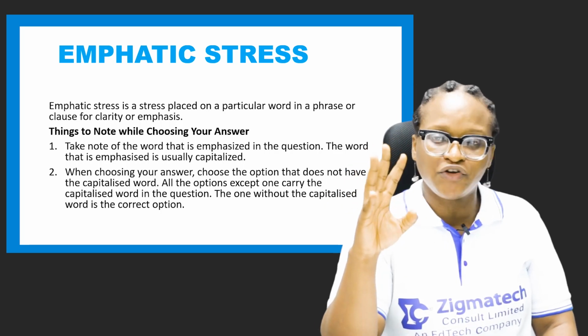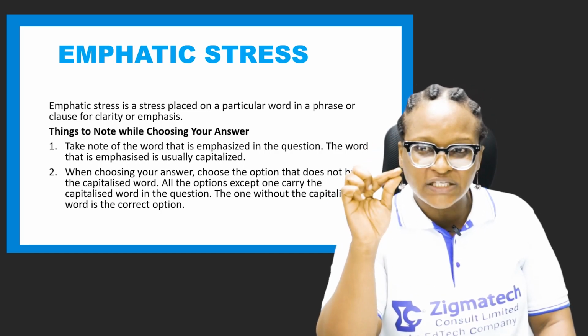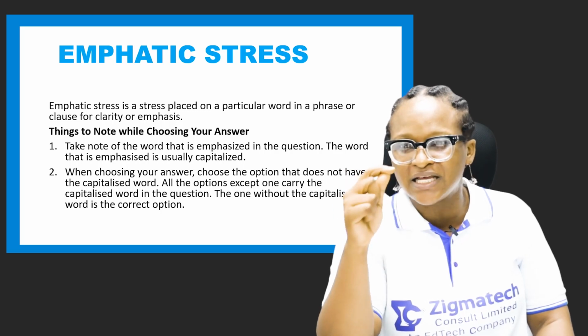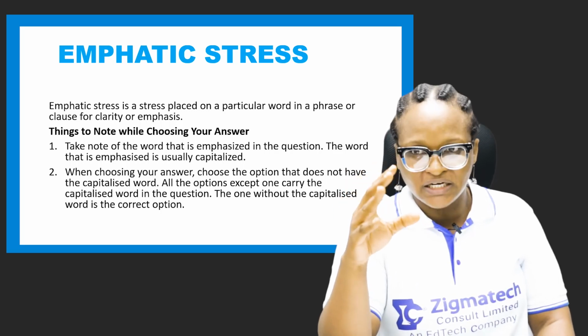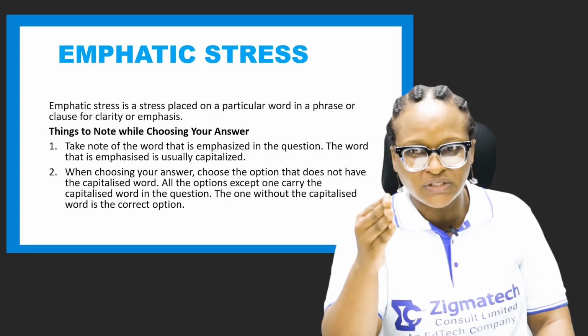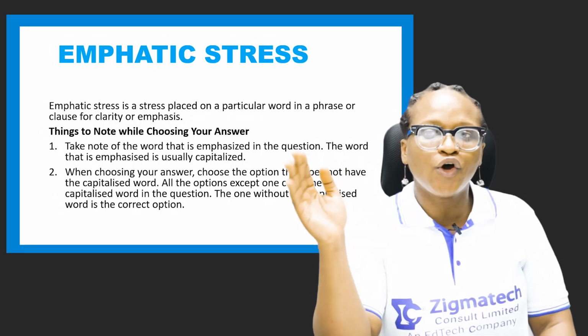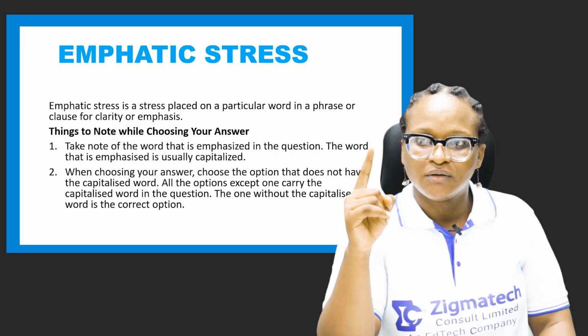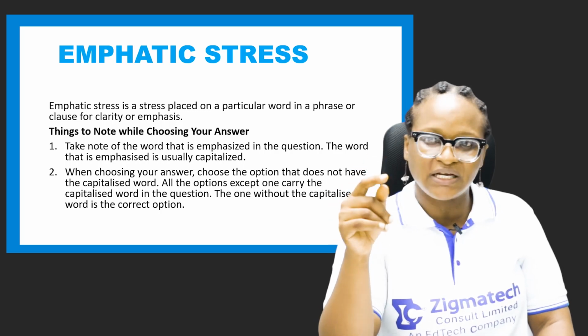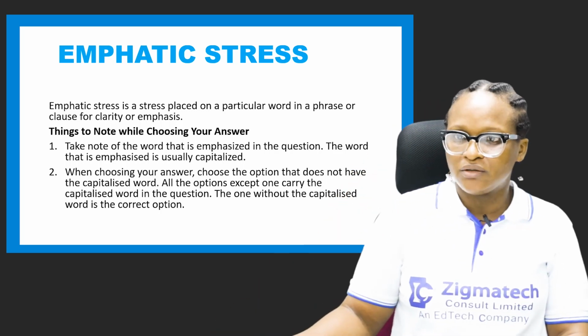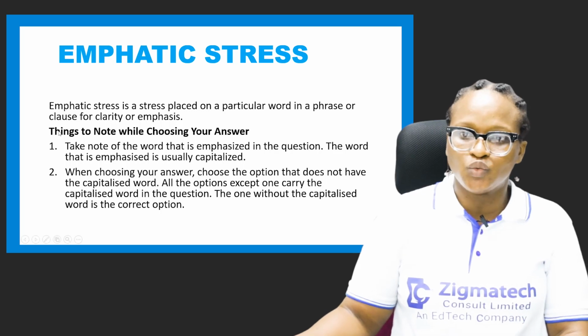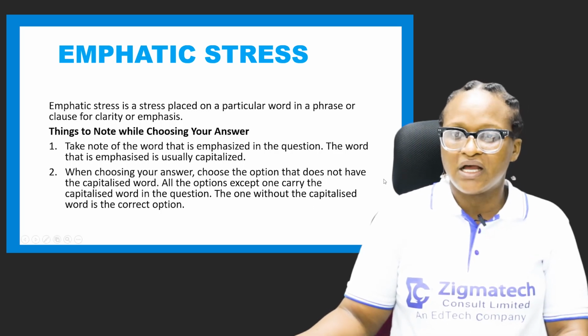You have 4 options given. Of the 4 options, you will see the one that doesn't have that same capitalized word, or it could speak the opposite of it. So all the options except one carry the capitalized word in the question. The one without the capitalized word is the correct answer.